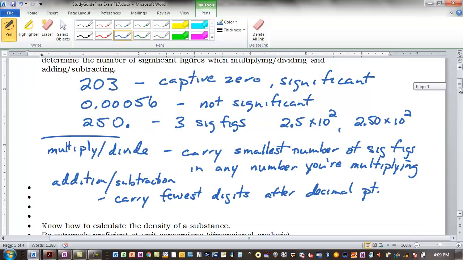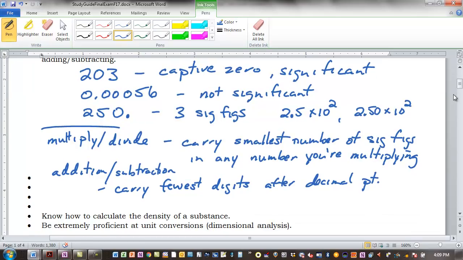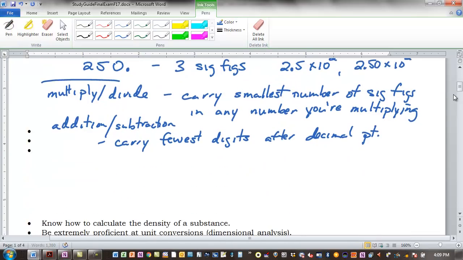Okay, so if we were looking at something like, I don't know why these bullets won't go away, there we go.